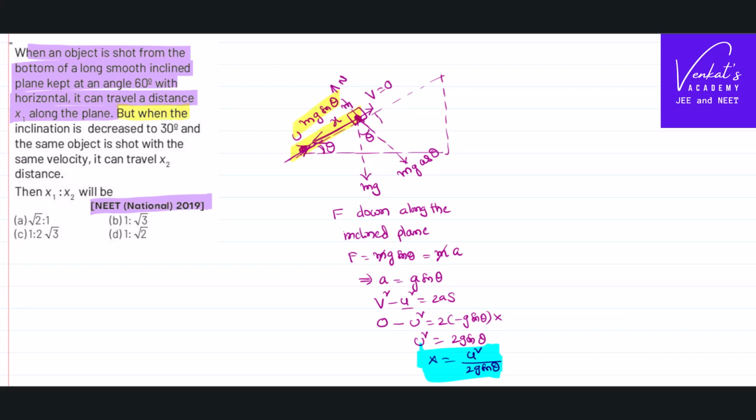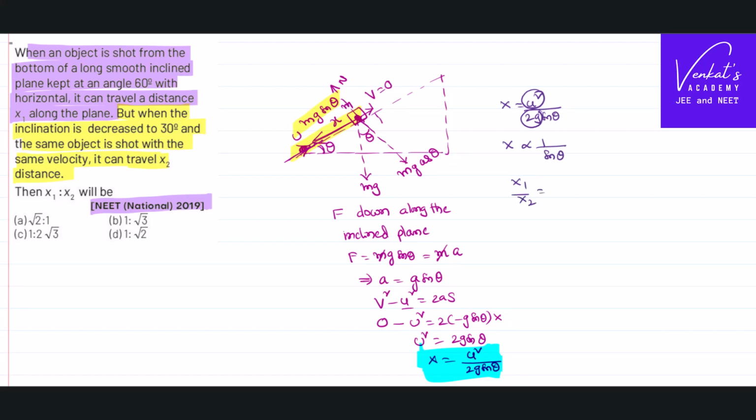But when the inclination is decreased to 30, the same object is shot with the same velocity. It can travel a distance x2. So what happens when the angle changes is the question. As you have x equal to u square by 2g sin theta, and it is the same velocity, and 2g is anyway constant, the distance it travels along the inclined plane is inversely proportional to sin theta.